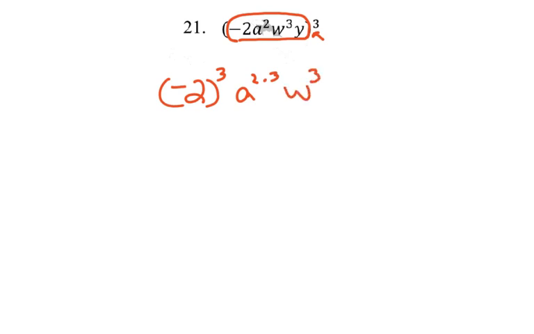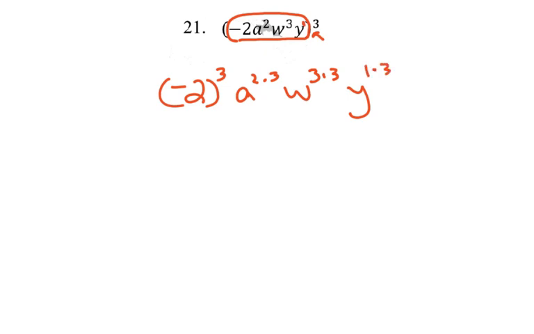Okay, number 21, I also have power of a power. Everything inside the parentheses is going to get that third power. So negative 2 is going to get the third power. A to the second will get the third power. W to the third will get the third power. Y to the first will get the third power.